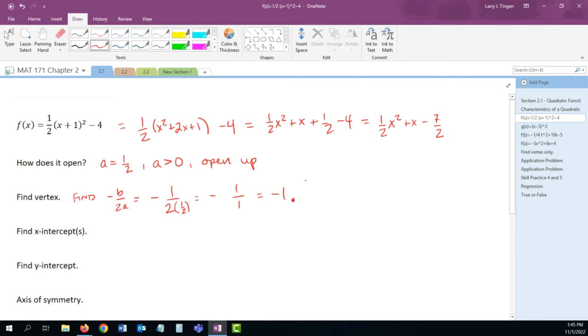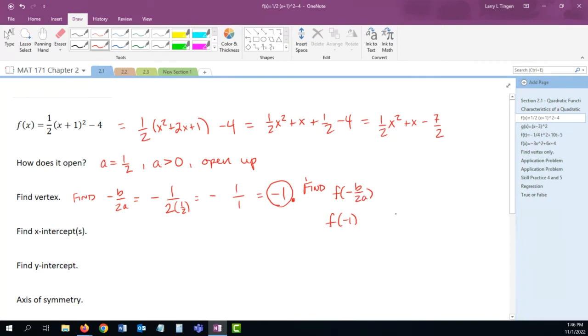Now find the y coordinate. Take my function and plug in what I just found. Well, that's -1, right? I just found negative b over 2a to be -1. Now I just take that x value, plug it into the function, and solve. Sometimes it's good to use the expanded form that you got.